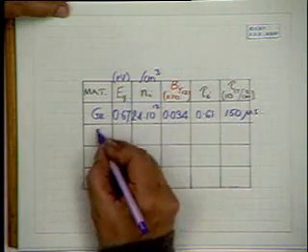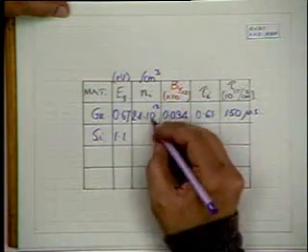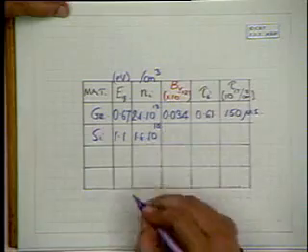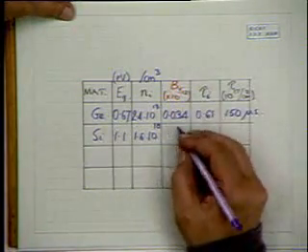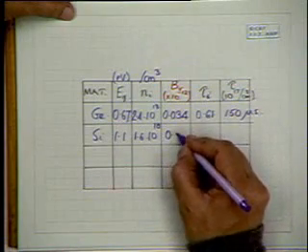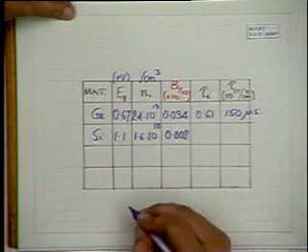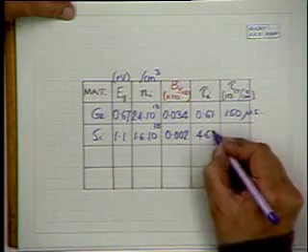Take the case of silicon, band gap 1.1 eV, carrier concentration 1.6 times 10 to the power 10. For this, the radiative recombination rate is even smaller. It's only 0.002. And tau I is 4.6 hours.